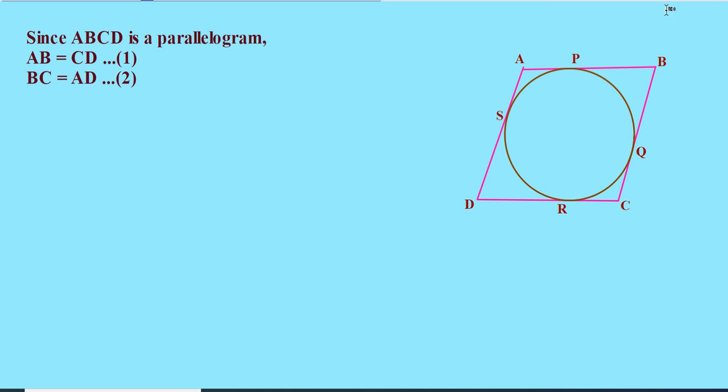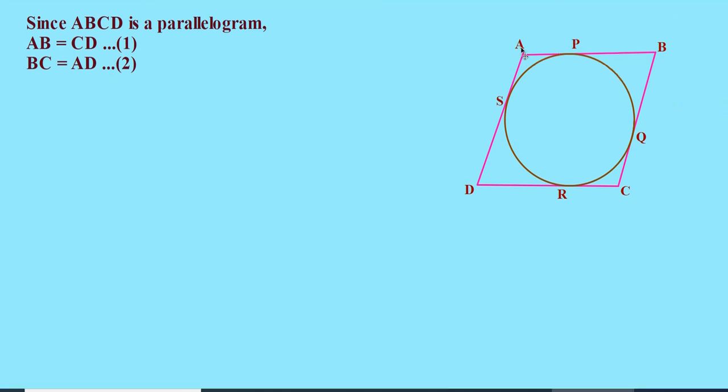Now take the vertex A. From A, AP and AS are the tangents from an external point. Similarly from B, BP and BQ, from C, CQ and CR, and from D, DR and DS.